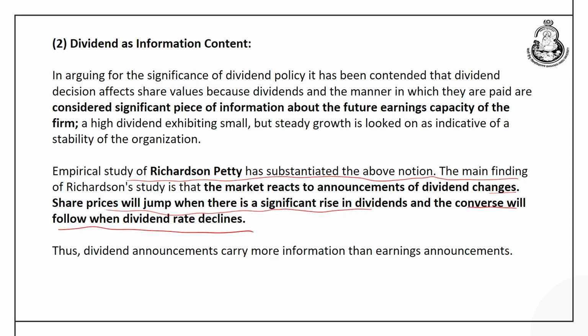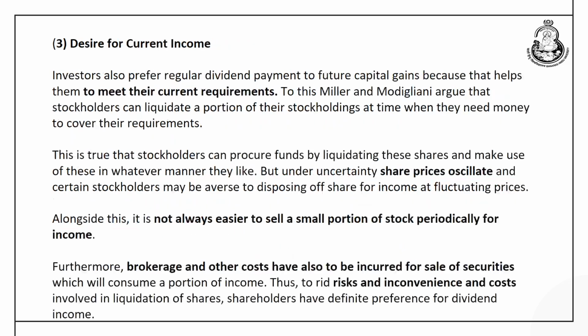So, it is the semi-strong efficiency of the market which believes that dividend announcements would of course change the perception of the investors and thereby the market price of the share, and as a result a dividend announcement would carry more information than an earnings announcement.